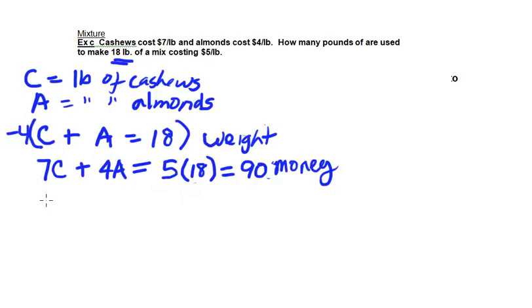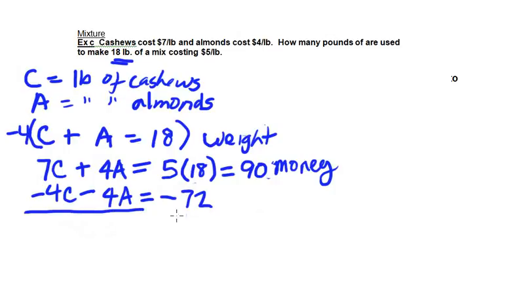And then we end up with negative 4 times C minus 4A, and that is equal to negative 4 times 18, which gives me a negative 72. So now when we add the two equations together, 7C minus 4C gives us 3C.